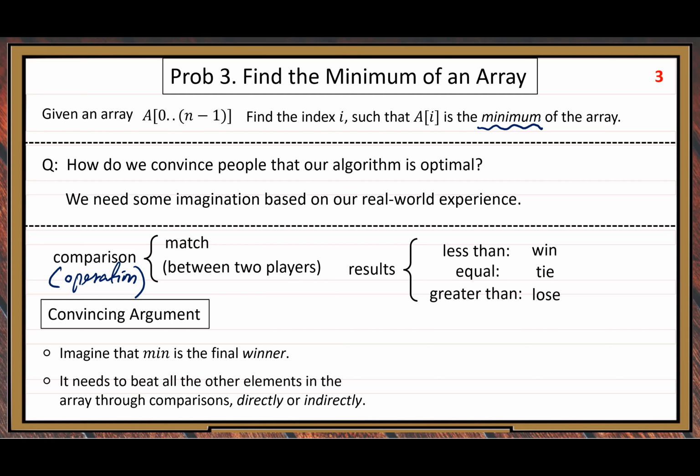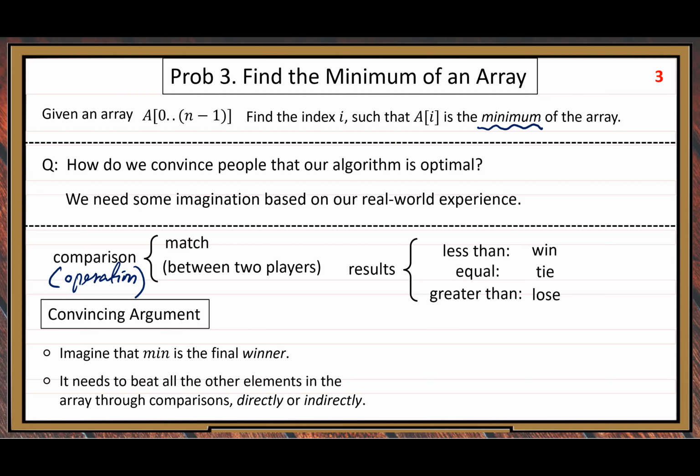Second, it needs to beat all the other elements in the array through comparisons, directly or indirectly. The winner has to beat everyone else in this tournament. That's the way we define the final winner. Otherwise, how can you win the championship?